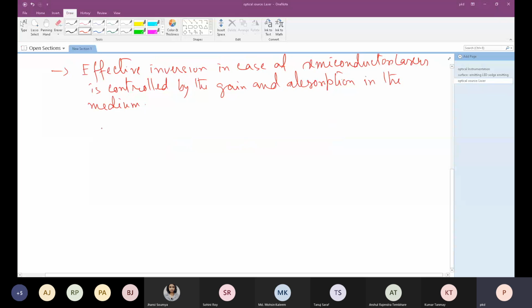Now, in case of semiconductor laser, also same thing. Only thing here, the gain is controlled by the energy of a photon. Gain is 0 when photon energy h omega is less than the band gap energy.